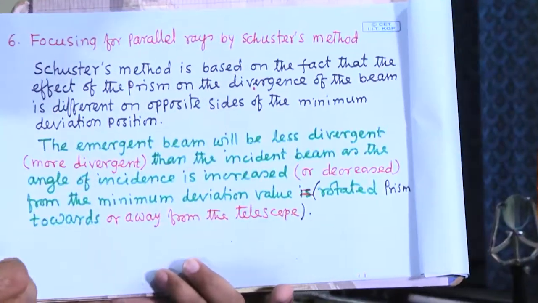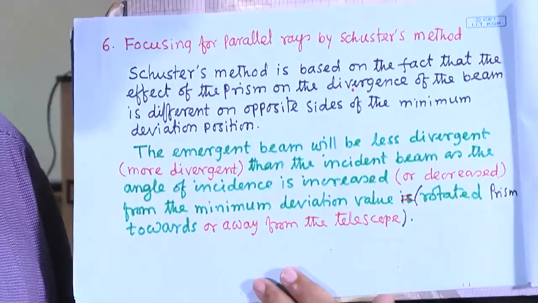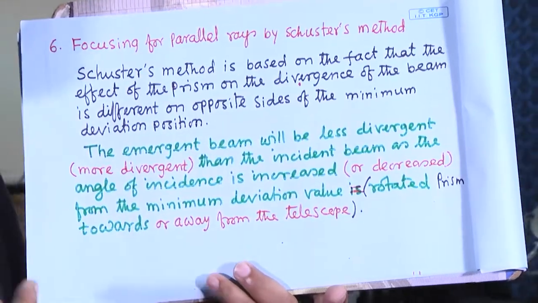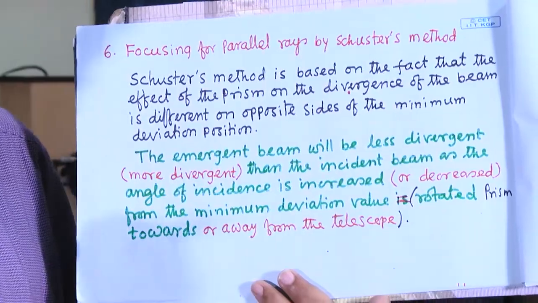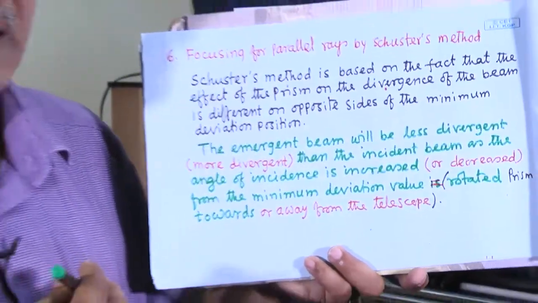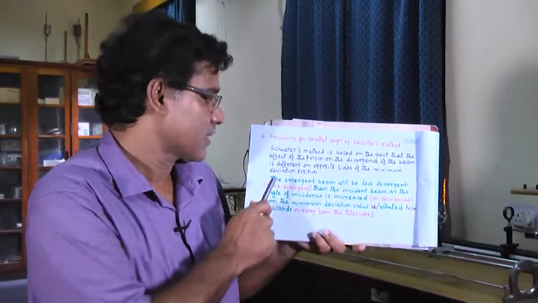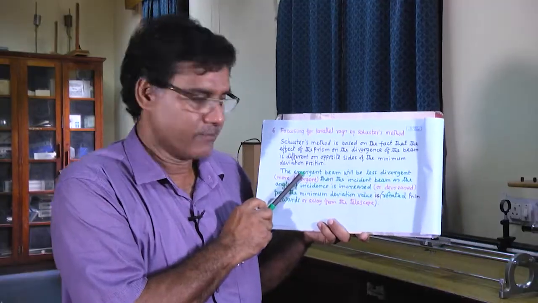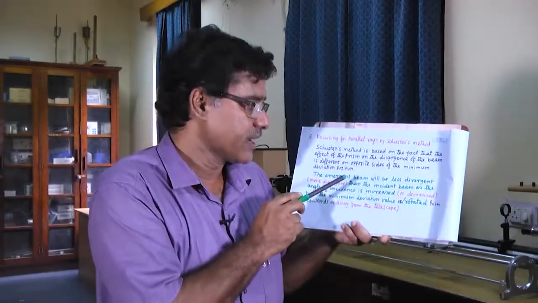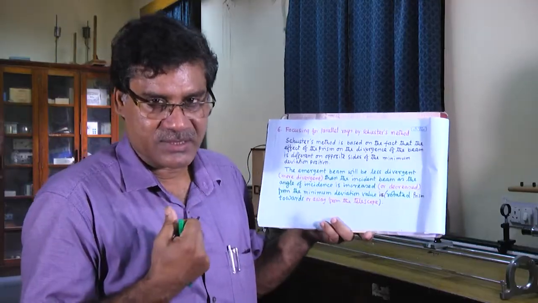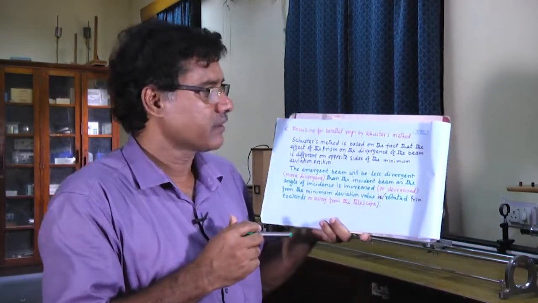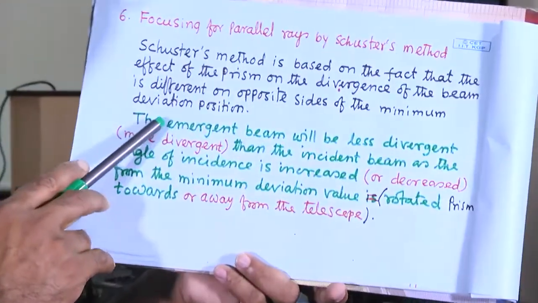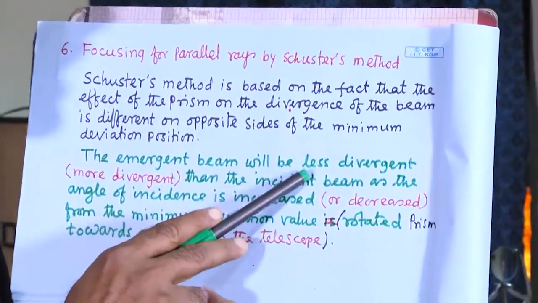From minimum deviation, if you go to opposite sides, left and right, the divergence of the beam on one side will be sharper, thinner, and on the other side thicker. That is the meaning of this. This phenomenon is used for making the parallel rays of the spectrometer. Basically, the emergent beam will be less divergent.